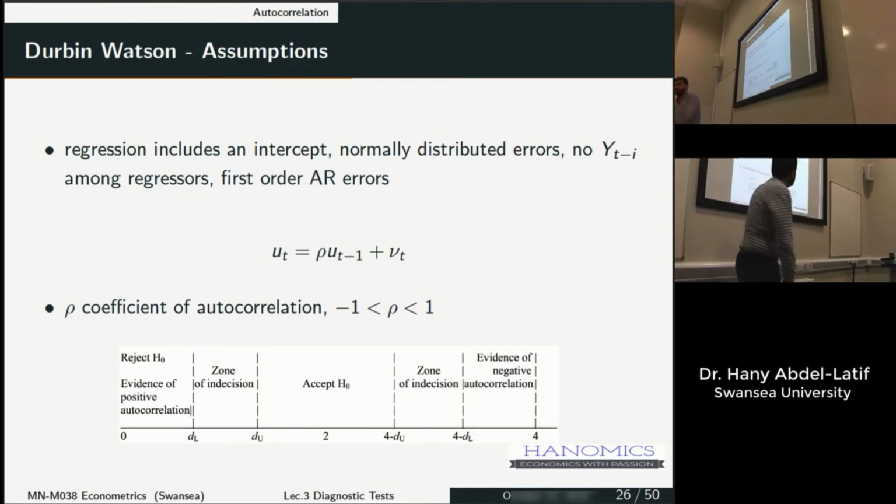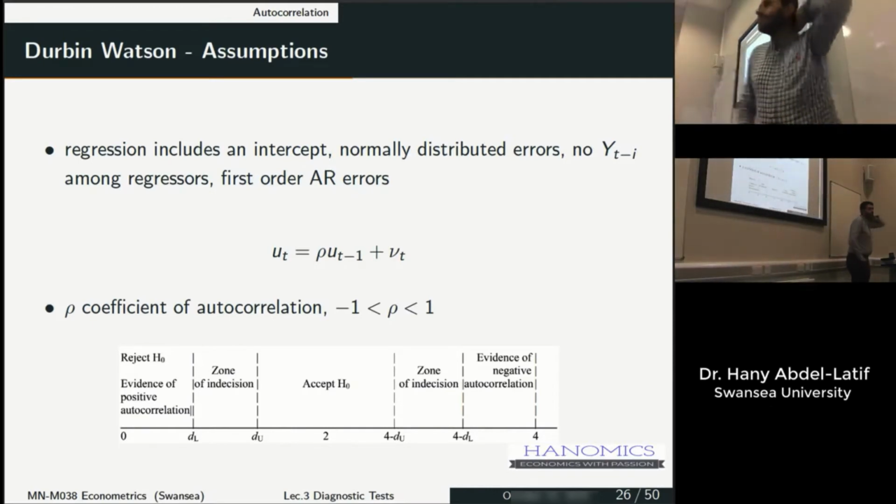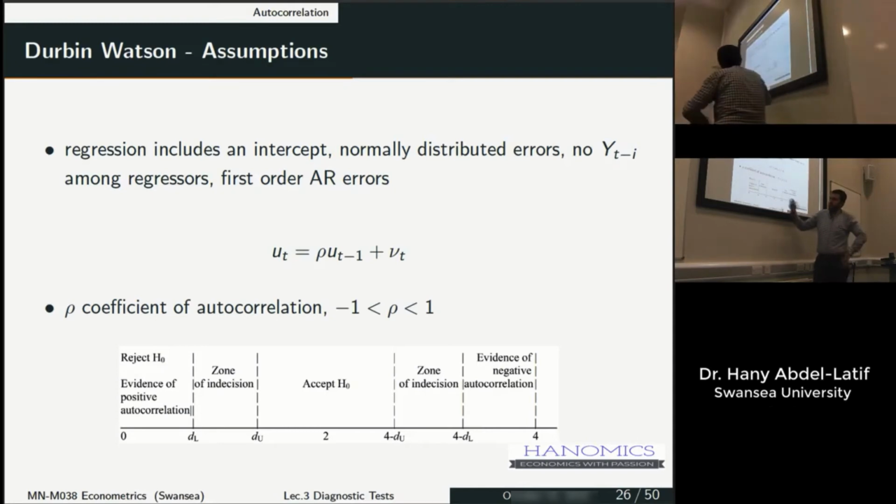So serially correlated. You're testing this coefficient, and Durbin-Watson usually gives you two test statistics, d lower and d upper, and using these you can decide whether you have autocorrelation or not. Your null hypothesis is no autocorrelation.